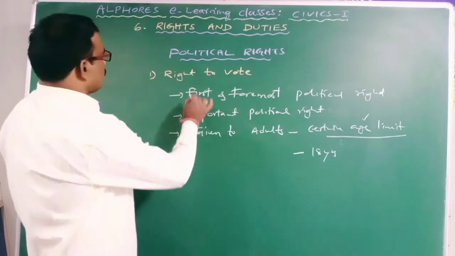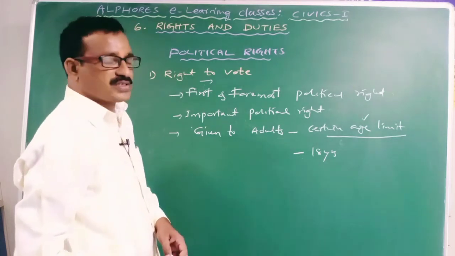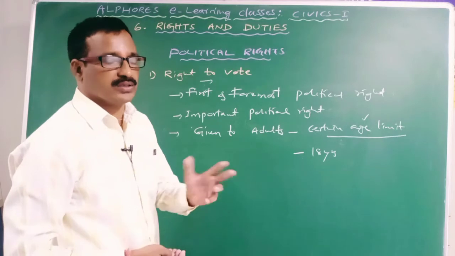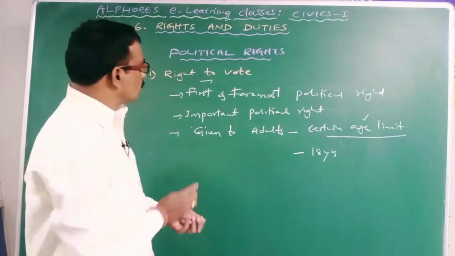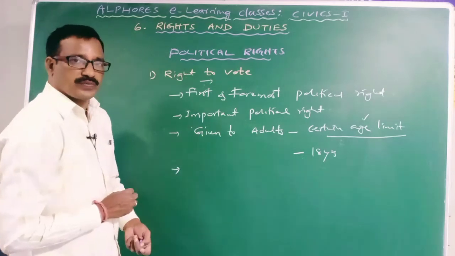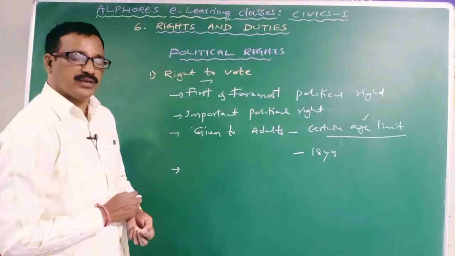Then, through the right to vote, the individuals participate in the affairs of the state, in the formation and running of the government, indirectly, not directly. Through the right to vote, the voters elect their representatives to form and run the government.